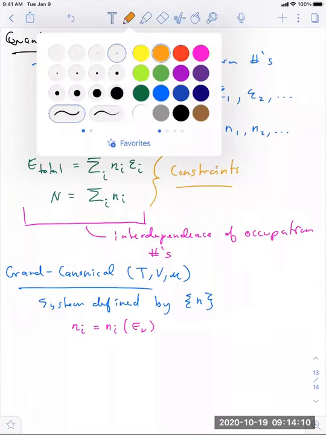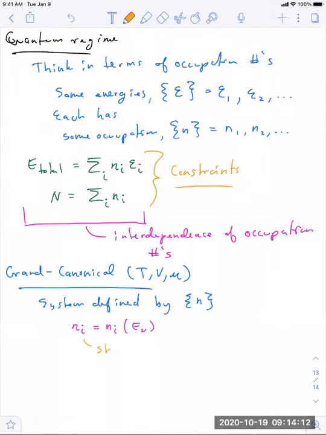So here I'm saying the occupation of state i, is that occupation subject to the constraints of my system? Basically, given an entire system that's in system state nu, I have some set of occupation numbers for each individual single particle state i.